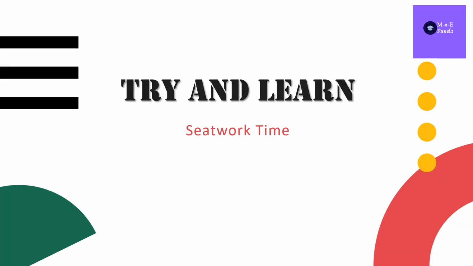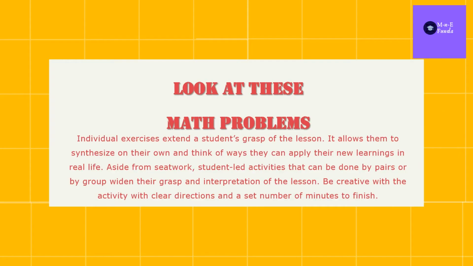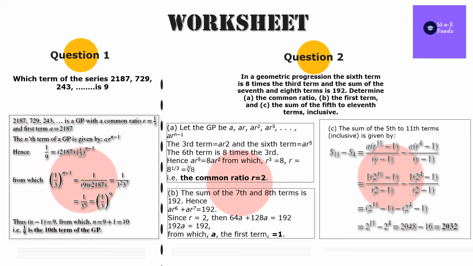Now it is time to solve some problems on GP. Look at question number 1. Which term of the series is 9? The terms are 2187, 729, 243, and so on, and the last term is 9.